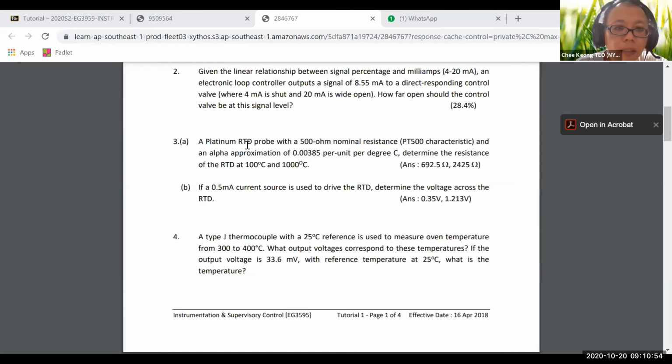The material for the RTD is a platinum probe with 500 ohm resistance, PT500 characteristic, and the alpha is approximately 0.00385 per degree Celsius. Determine the resistance of the RTD at 100 and 1000. So this is very straightforward.